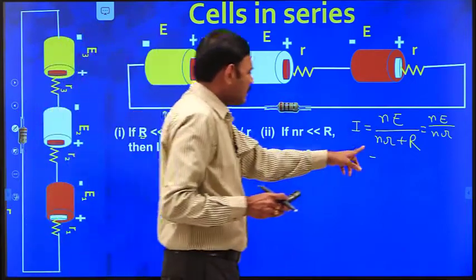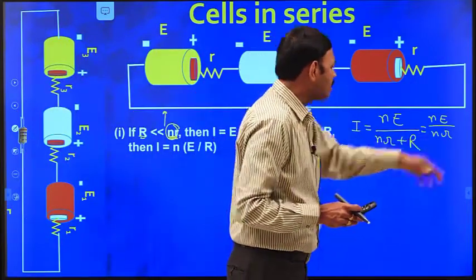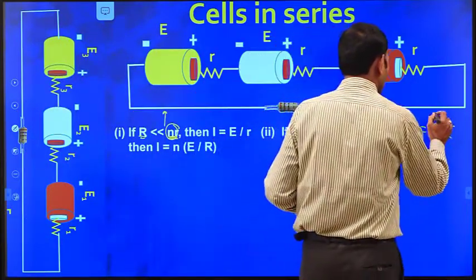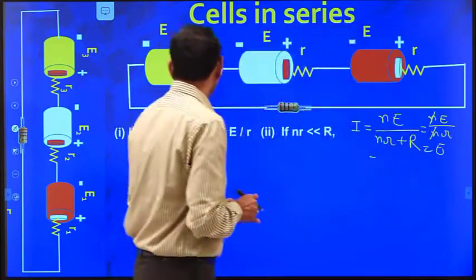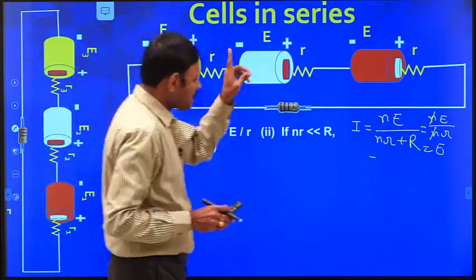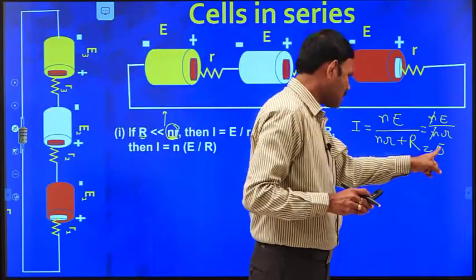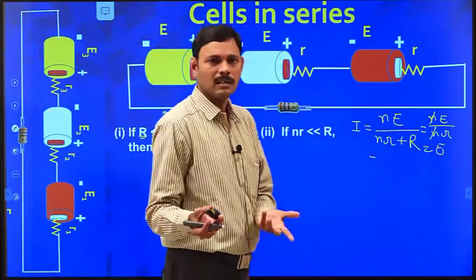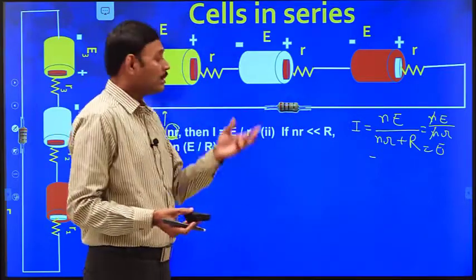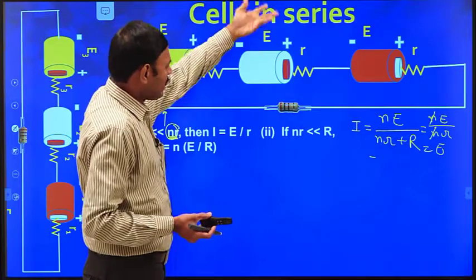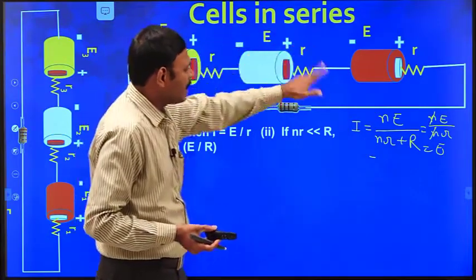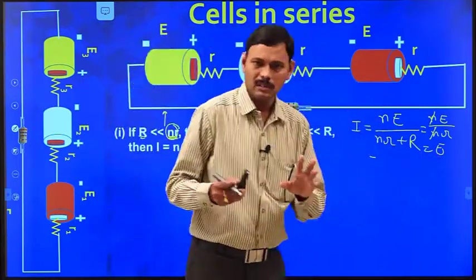The sum of internal resistance and external resistance is almost equal to the internal resistance, then n gets cancelled, and that becomes E. So the net EMF of the series combination of cells is just equal to the EMF of one cell. What is the use of using such a combination? No use, because though you are using so many cells together to prepare a battery in series combination, you get the EMF of one cell.